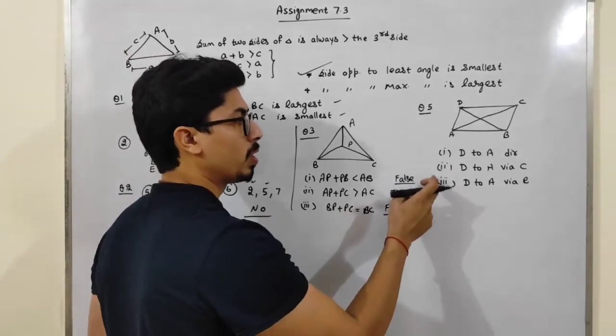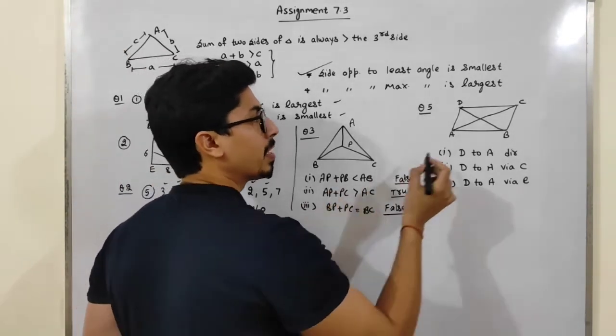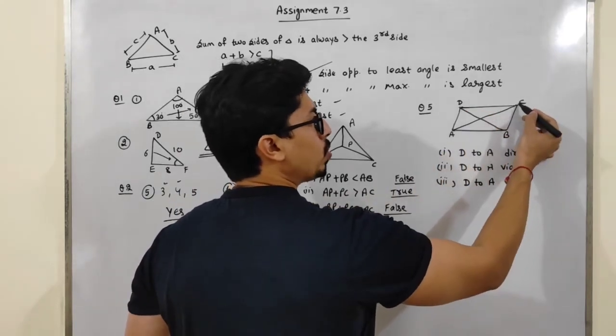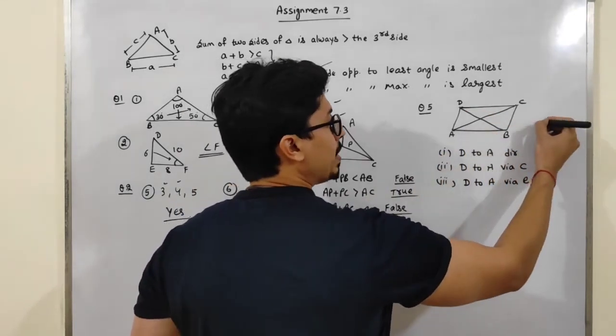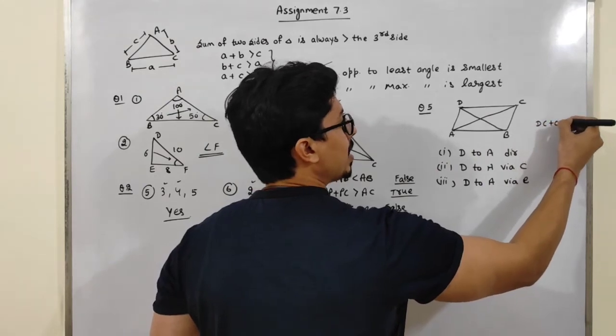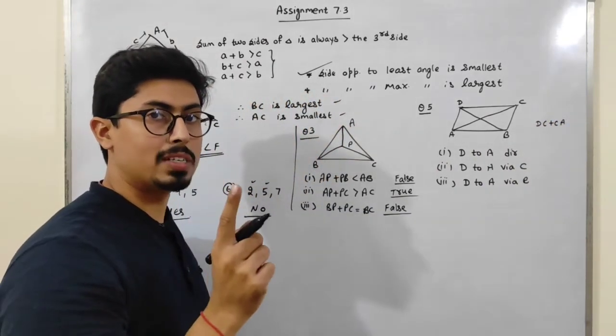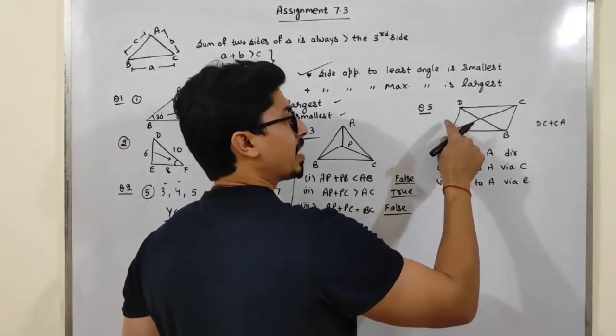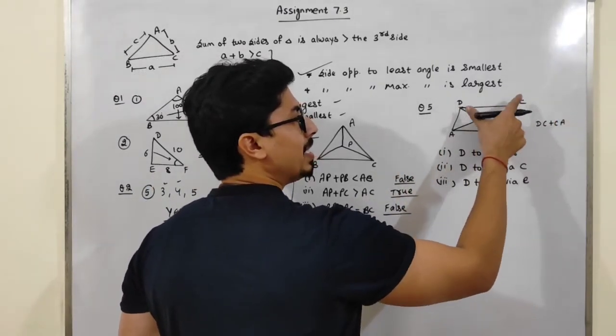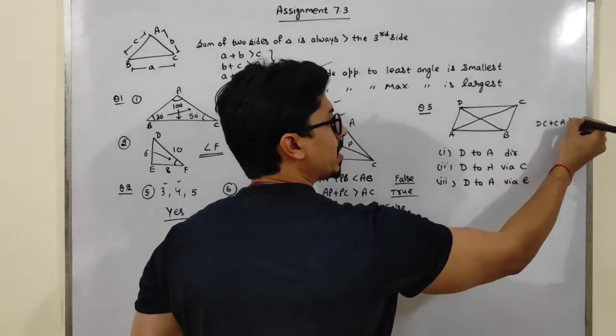That means if I am talking about the second and third paths, first I will go from D to C, then C to A. That means DC plus CA distance I am covering. We know that the sum of two sides will always be greater than the third, that means if I take triangle ADC, DC plus CA will be greater than how much? AD?